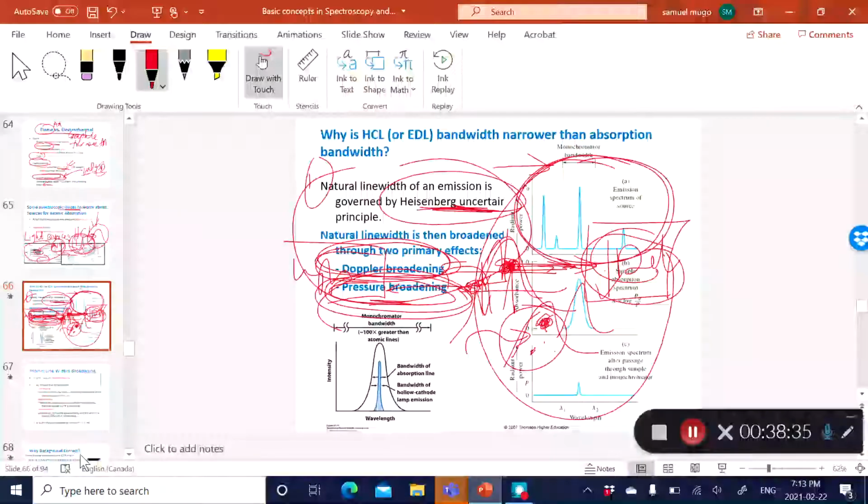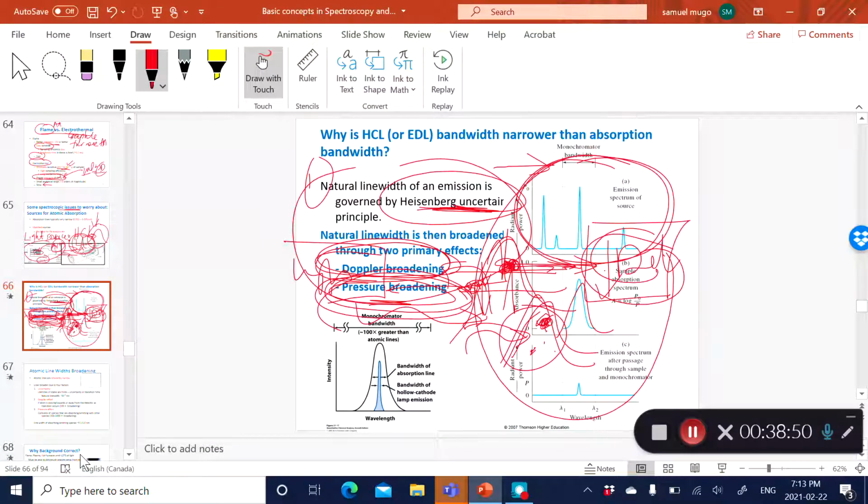I hope it's fairly clear that within the flame you've got atoms that are moving and have different kinetic energies. When the light source is impinging on those atoms, the absorption of that light is going to be fairly different, and as such, there will be a broadening effect.